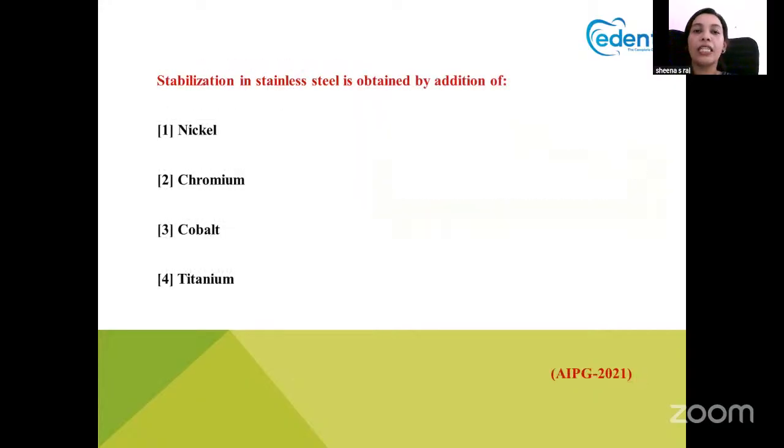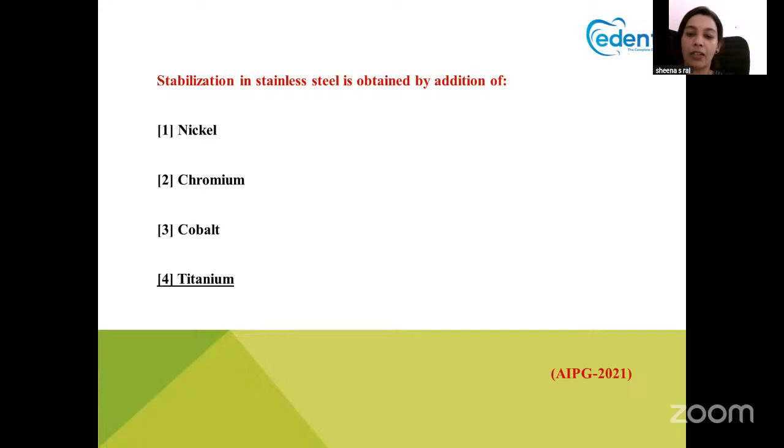Next question. Stabilization in stainless steel is obtained by the addition of... Before answering this, you know that chromium gives resistance to corrosion because of the production of chromium oxide, and that is called the passivation method.